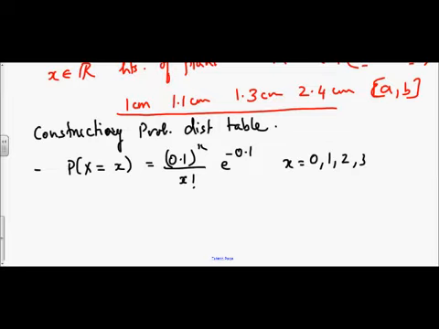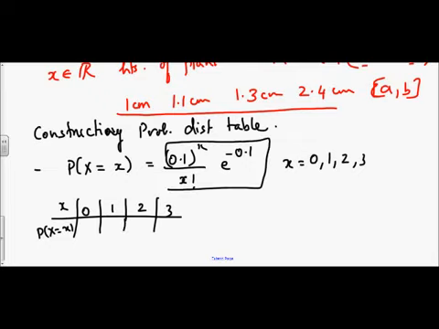You just make the table with x and p of X equal to x, substitute the values of x as 0, 1, 2 and 3 in this formula, and find the corresponding p of x values, and this gives you the table of the probability distribution. Okay.